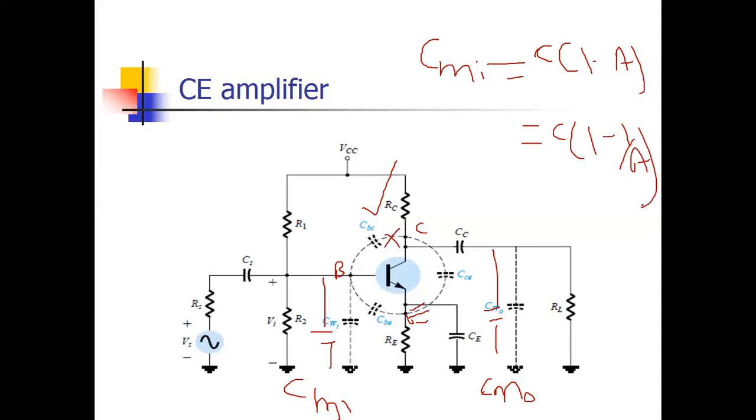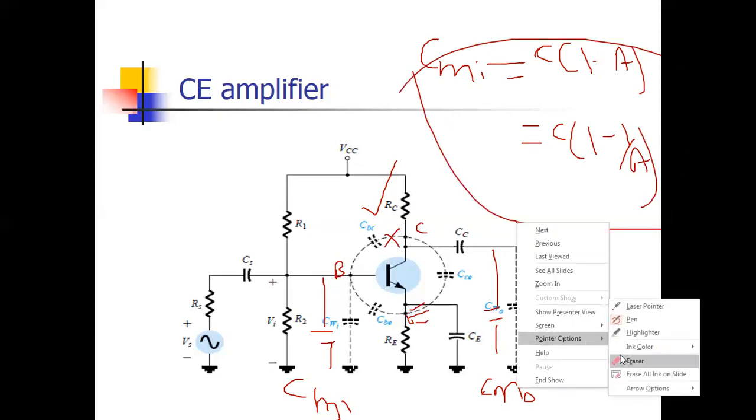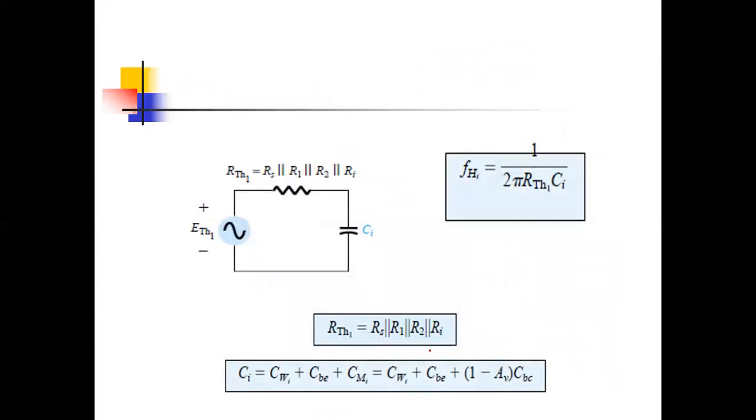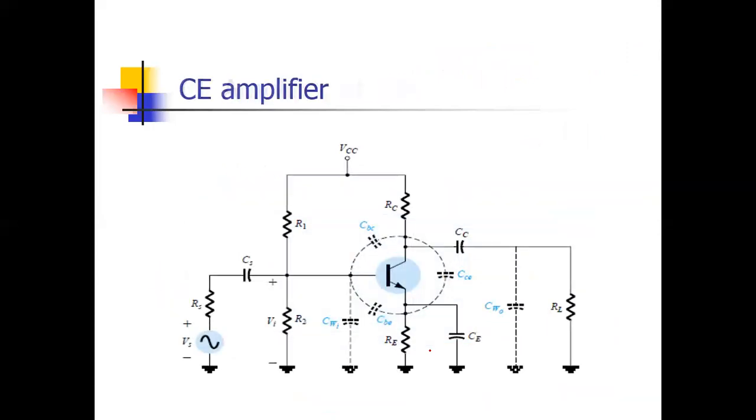Okay, so that is your Miller capacitance. So the concept is clear about the Miller theorem. As per the Miller theorem, whatever capacitance is connected between input and output, we will split that, one at input, one at output.